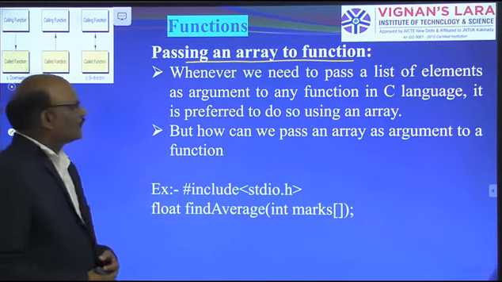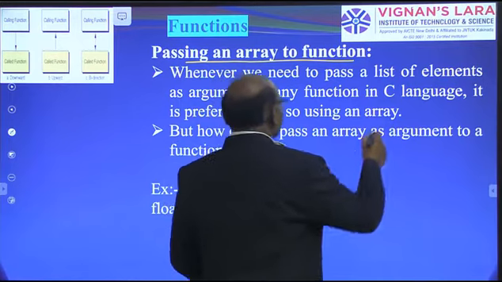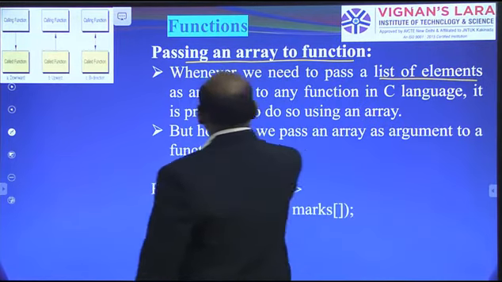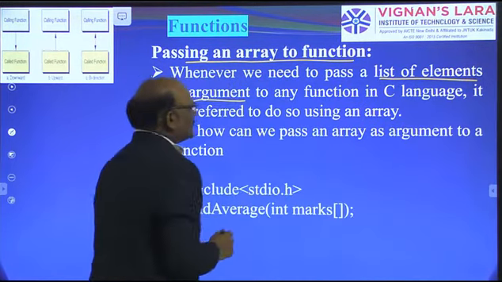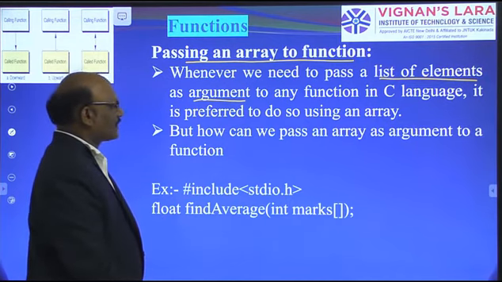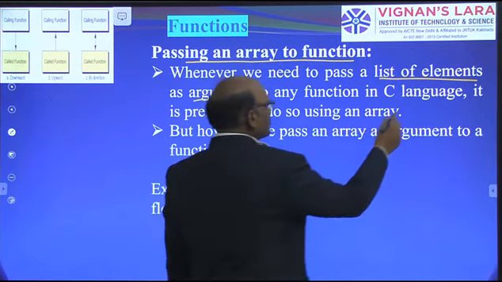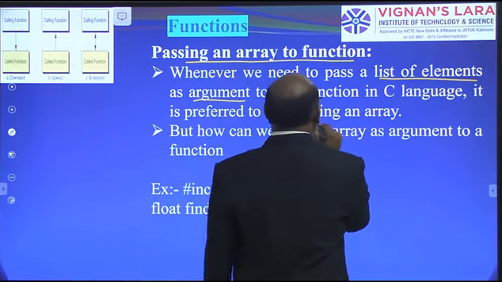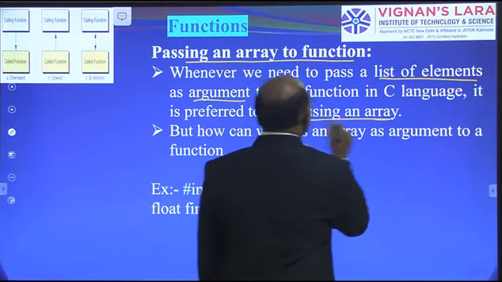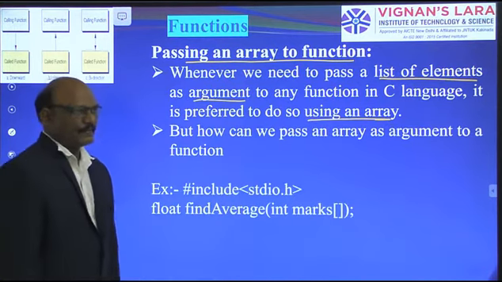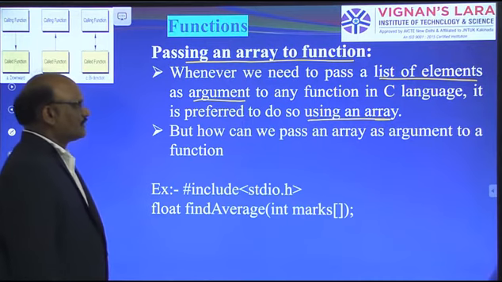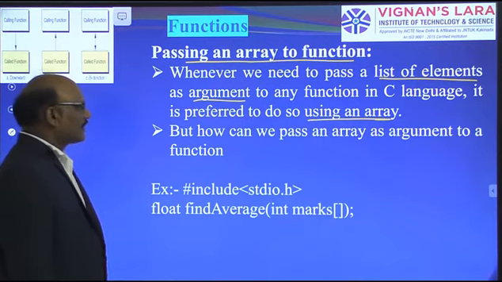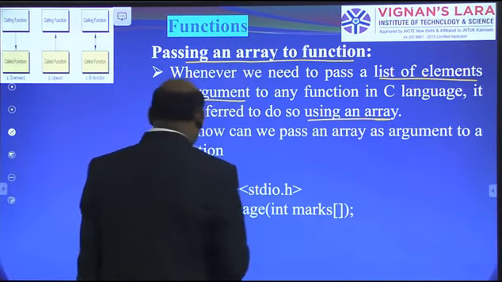Whenever we need to pass a list of elements as an argument to any function in C language, it is preferred to do so using an array. But how can we pass an array as an argument to the function?